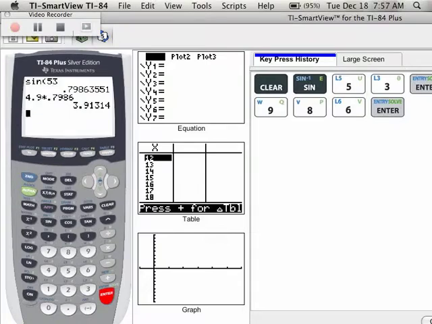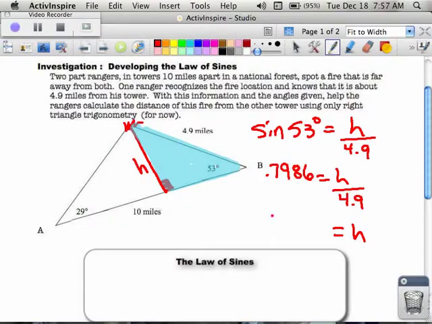And we find out that that height to the nearest 2 decimal places, because it's not trigonometry anymore, it's a variable that we're solving for, is 3.91. And this, since we're talking about miles, would be in miles. So I now know that that height is that many miles.